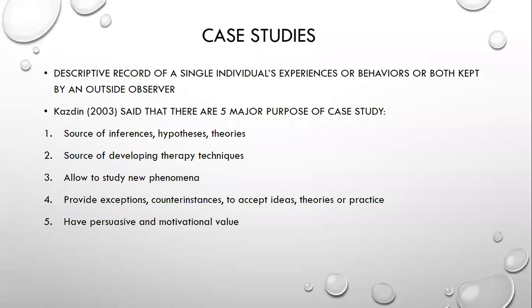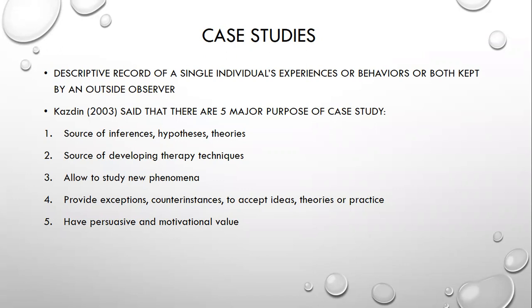So Kazdin has argued that case studies have 5 major purposes. So the first one, it's a source of inference, hypothesis, and theories. Okay. So first, we may use case studies to make inferences about the impact of life events, the origin of disorders or developmental processes.